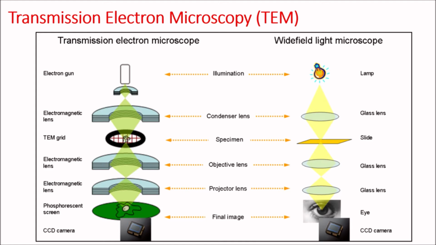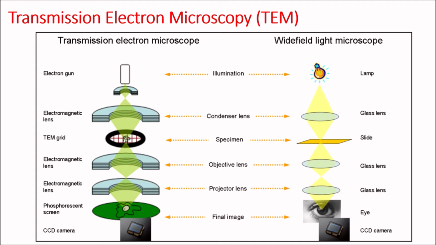The overall design of an electron microscope is similar to that of an optical microscope. In the electron microscope, the light is substituted with electrons and the glass lenses are substituted with electromagnetic or electrostatic lenses. The design of a transmission electron microscope and its similarity to an optical microscope is depicted in this figure.